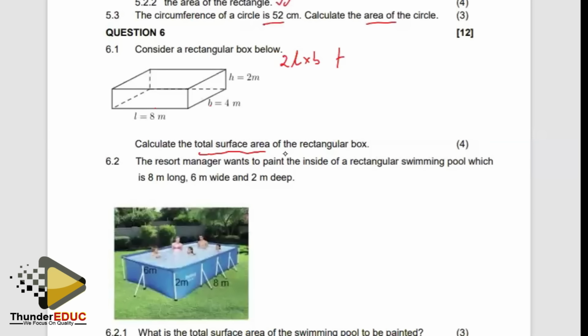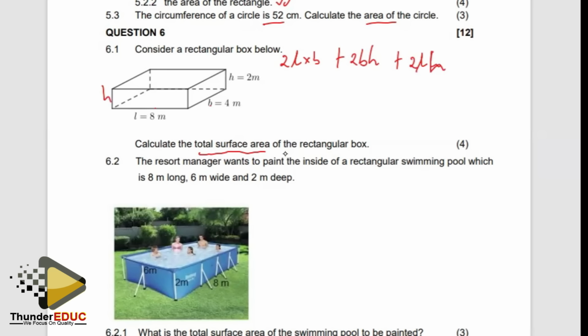Plus, this side is breadth times height, but it is the same as the back side, so times 2. Then plus, this side is the length and the height, but there are also 2 of them.